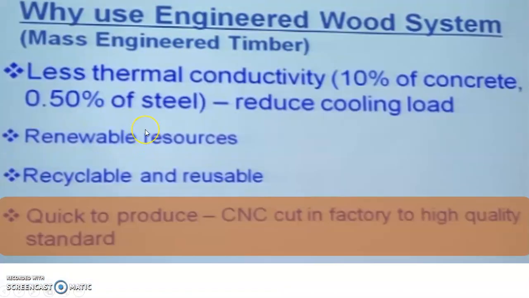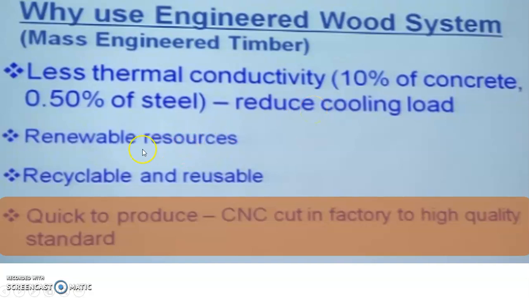The other reason why we want to consider using mass engineered timber is that the timber components typically offer less thermal conductivity. It is 10% of concrete and 0.5% of steel. So when we use timber components, we don't need to spend so much energy on the cooling load.